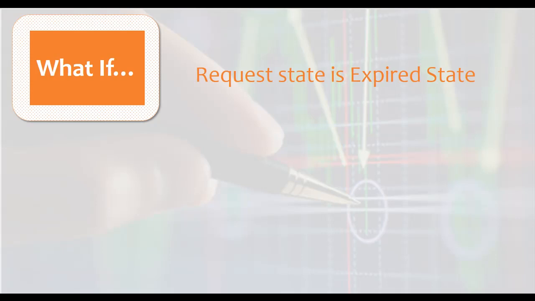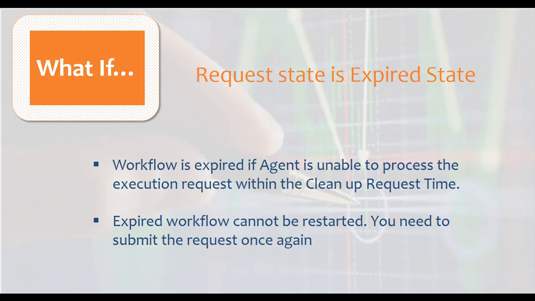Next, what if you encounter a request state as expired? As mentioned before, the expired state is assigned to a request that an agent fails to pick up for execution, resulting in the status remaining as new. These requests are set to undergo a cleanup process after a specific number of hours as configured by the system administrator in the workflow or system settings.